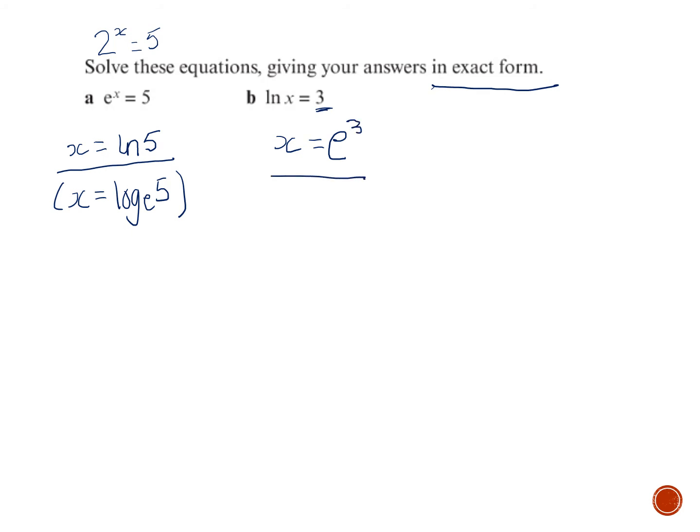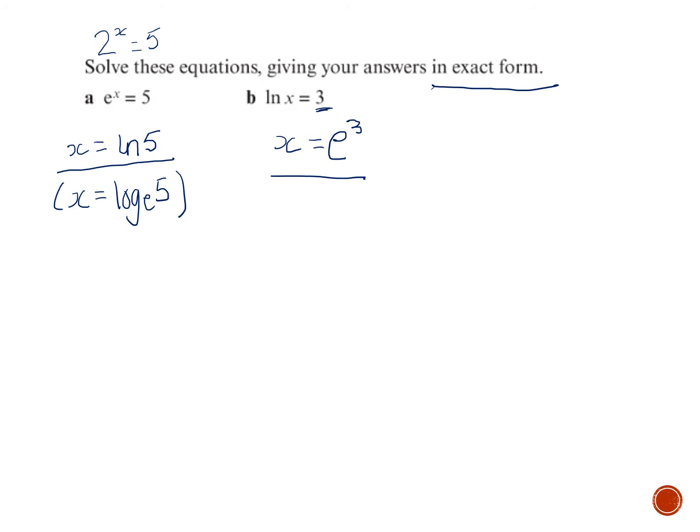And again, that is in exact form. You can put it in your calculator. Remember where your e button is, alpha, and then the times 10 to the x. And if I do that to the power 3, I get 20.0855. Make sure you know where that is on your calculator, but we would leave it in exact form like that.